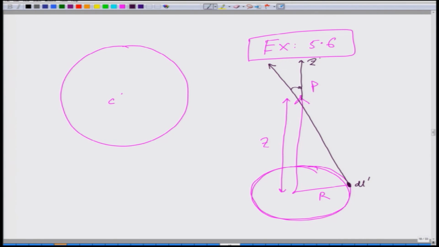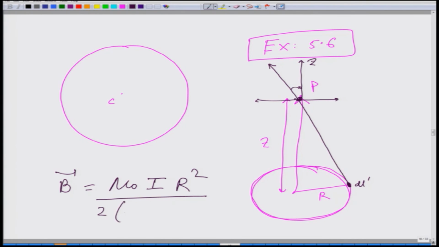You also have seen that the horizontal components cancel. So whatever I have is the component along the z axis, and that gives me the magnetic field at a point P above this circular loop, which is given by mu 0 I r square by 2 r square plus z square to the power 3 by 2, where this is the distance between the dl prime and the point, and z is this height.